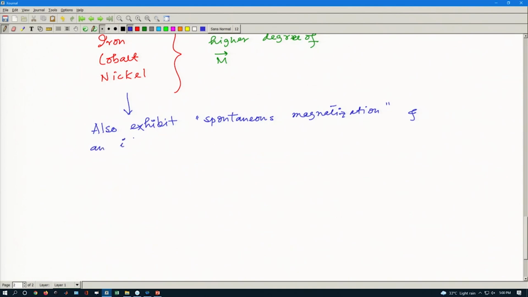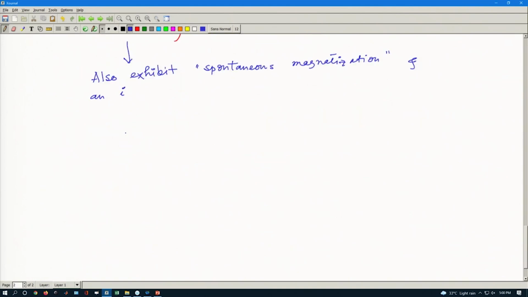Let me write it, then I am going to explain it in detail. It is a very important phenomenon in ferromagnetic materials.